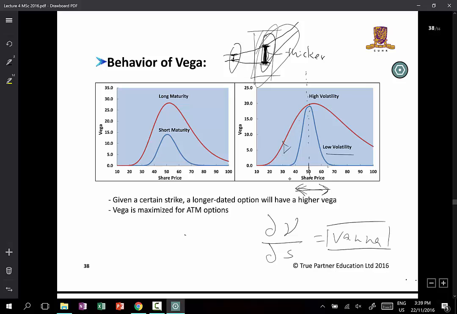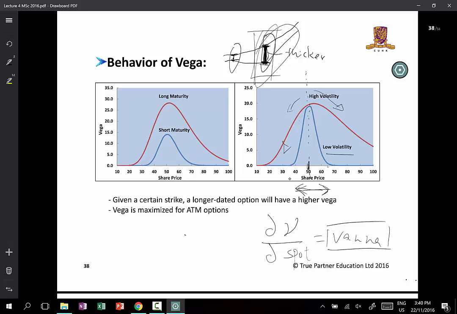Now, first of all, this is a study of how Vega changes as the spot price is changing. So it's called dVega/dSpot, sometimes known as Vanna. So first of all, Vega is highest when the option is at the money, and then Vega drops, or the option is not so sensitive to volatility change when you start moving deeply in or deeply out of the money.